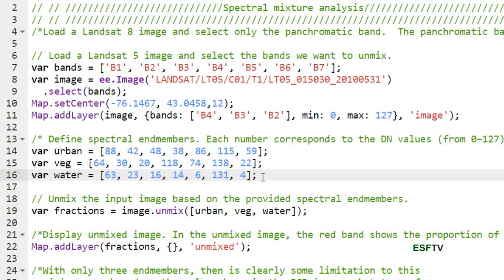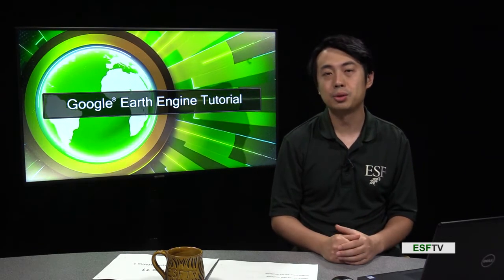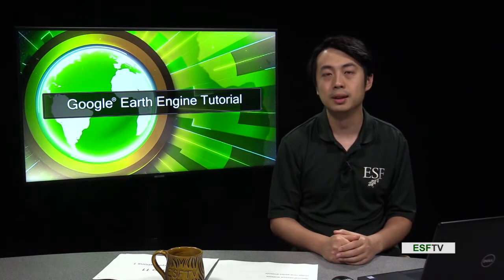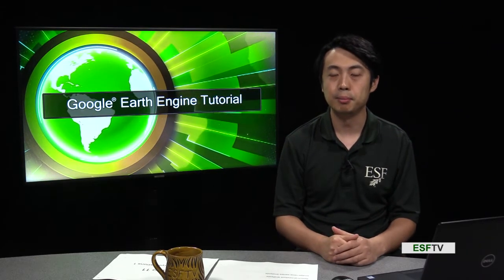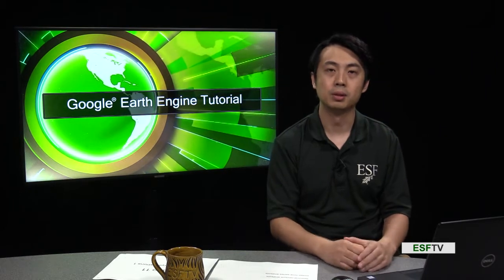Let me give you some very brief background on what spectral mixture analysis is. Spectral mixture analysis is simply looking at satellite images pixel by pixel, and determining what percentage of a component is in that pixel.